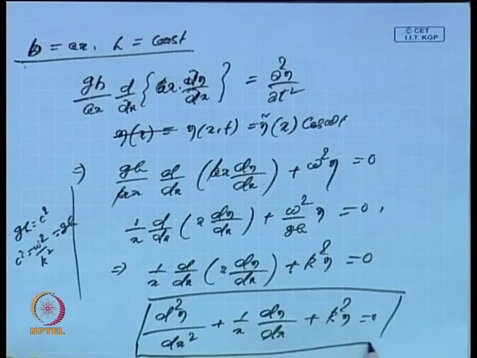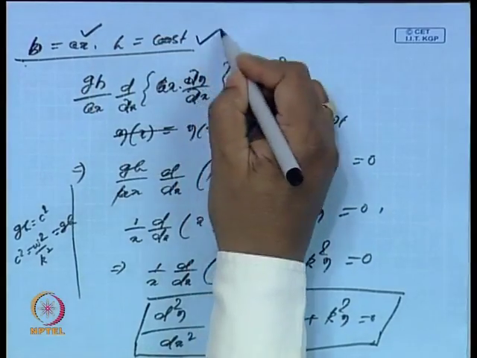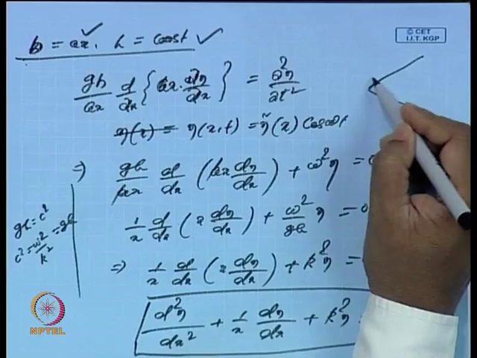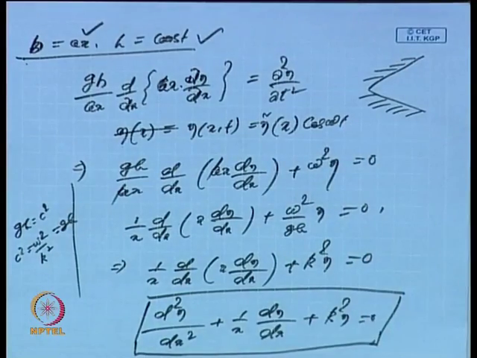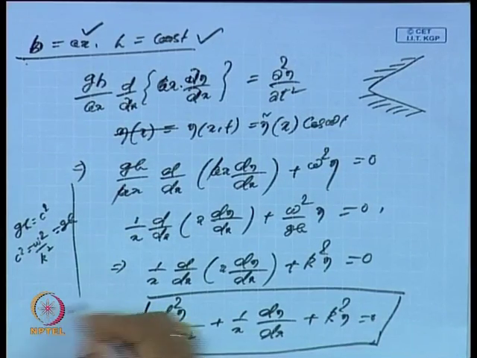This is the equation of long wave for a channel where the depth is constant and the width is varying like this. It can be seen that this is a kind of 0th order Bessel equation.